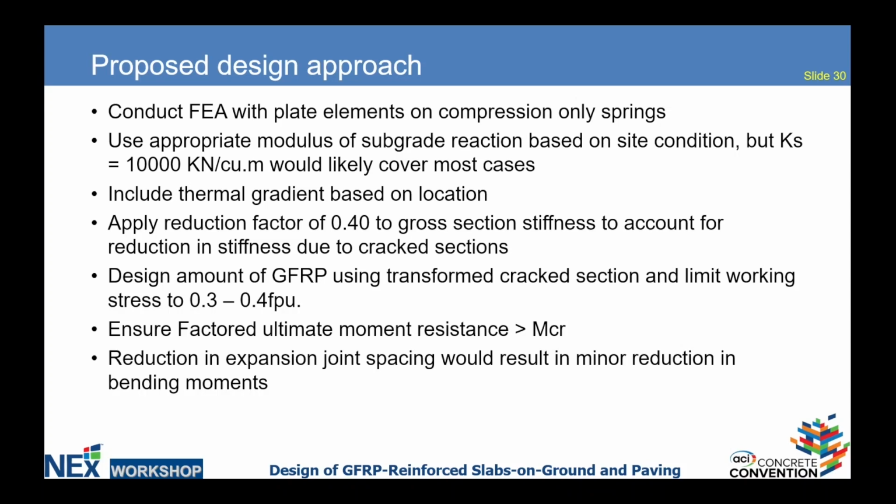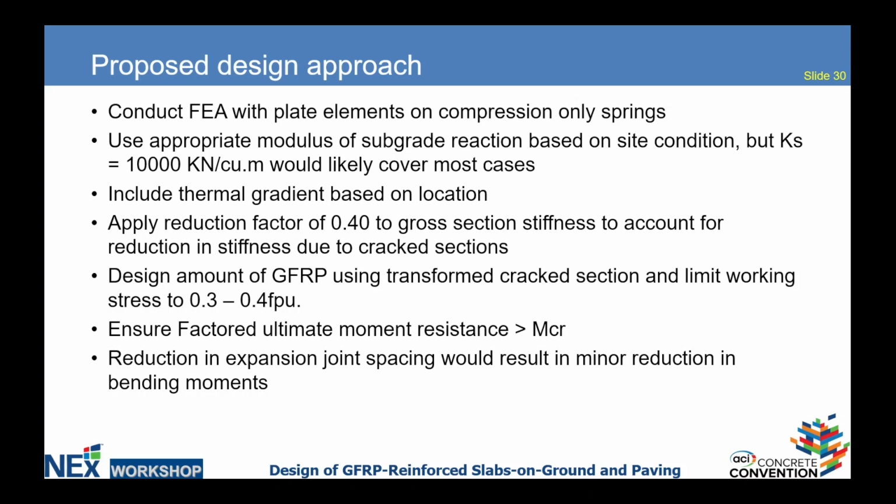Because if the slab cracks, and if you do the saw cuts at every 12 feet or something like that, okay, it will make the slab more flexible. Okay? So by reducing the stiffness of the slab to 40% of the gross area, you would get a more realistic response from the ground.